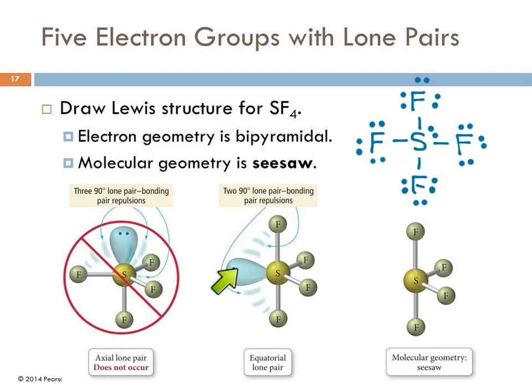Then we say, well, this guy's invisible. What's left? This is what's left. You're like, yeah, okay, what shape is that? Well, they call it a seesaw. And depending on how creative you are, you may or may not be able to see that. Does that look a little more like a seesaw?